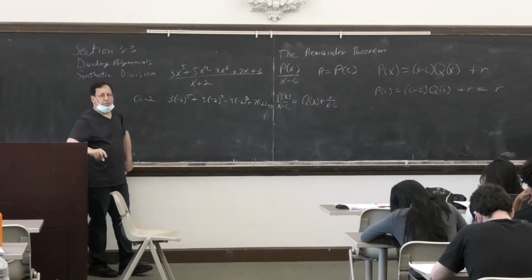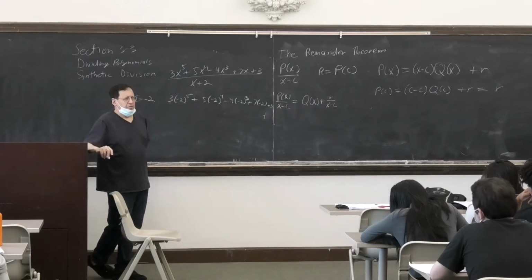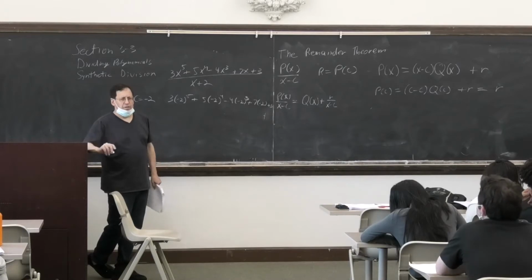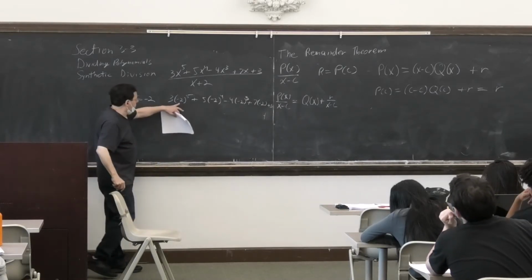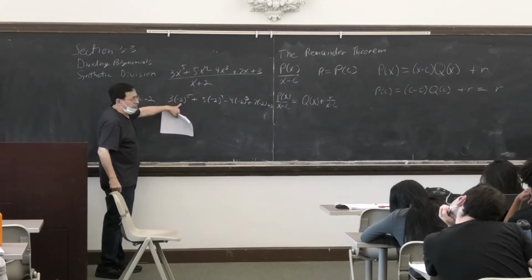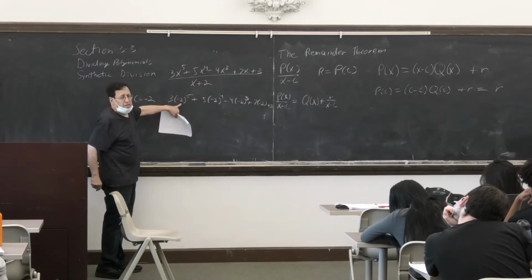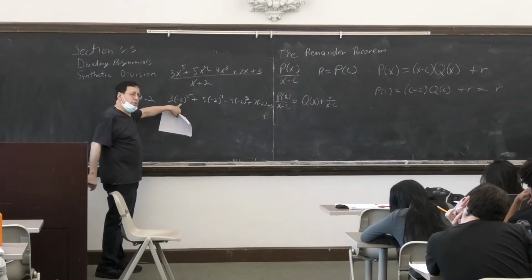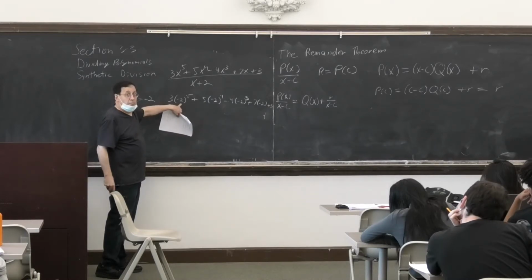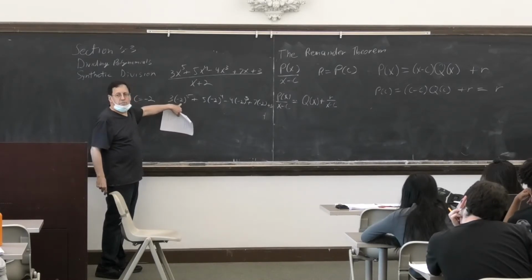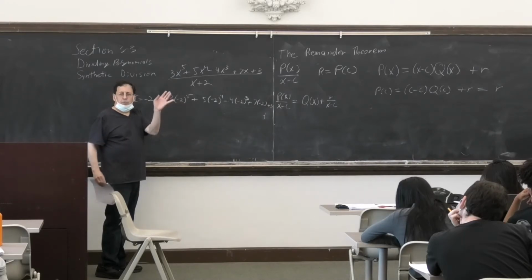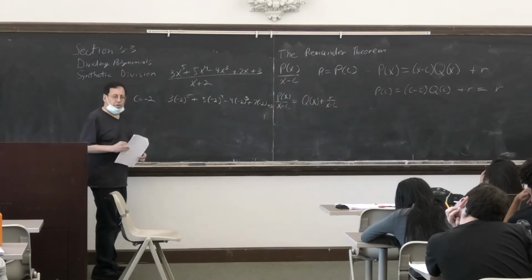2 to the 5th. I tried to mention this in this class. Computer scientists, you all want to know this. You want to have these at the tip of your tongue, because you're going to be working in binary. Anyone know off the top of their head 2 to the 5th? Yeah, you can also do 2, 4, 8, 16, 32. You can do that until you get it.